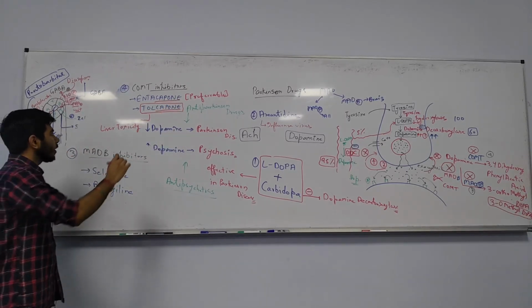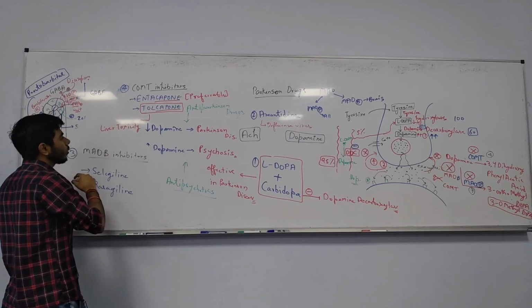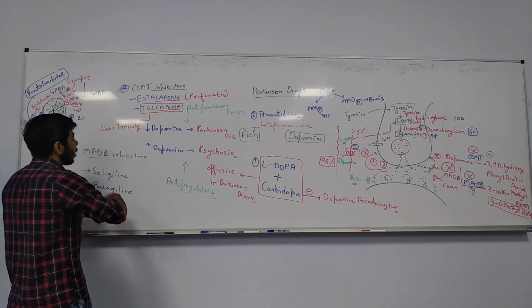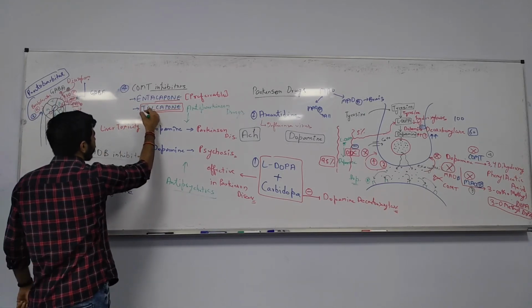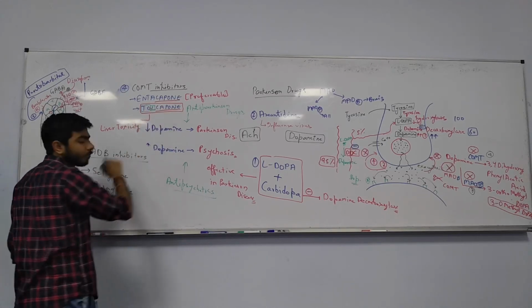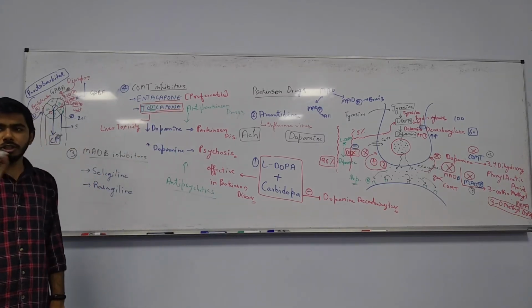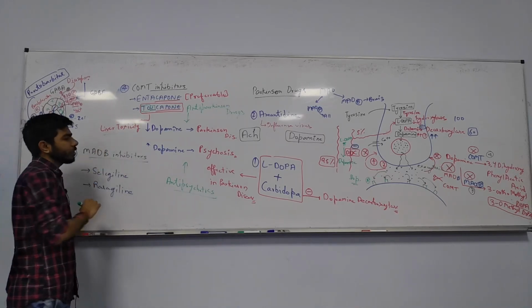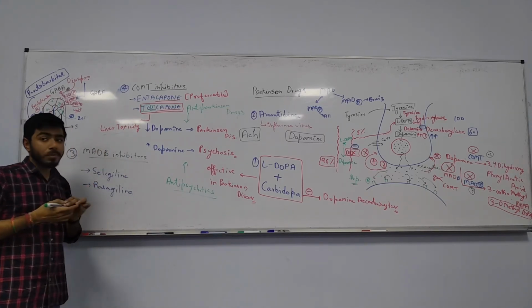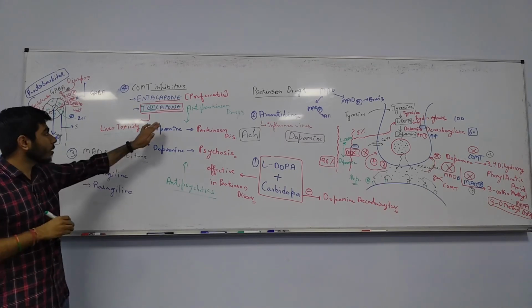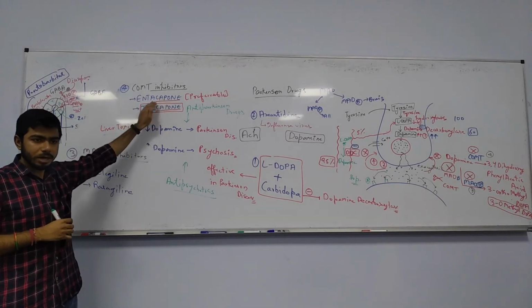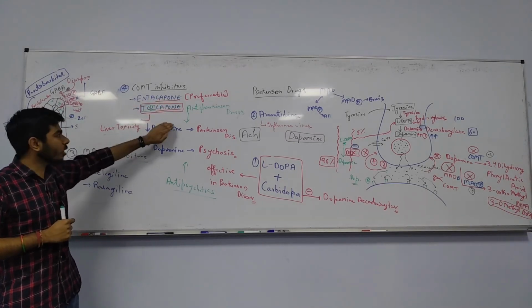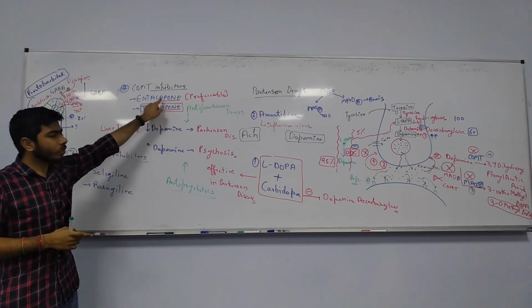How can you remember they cause hepatotoxicity? T for Tol, for toxic, L for liver. So toxic to liver. One more thing, tolcapone is very effective as compared to entacapone. However, entacapone is preferable, but tolcapone is more effective.